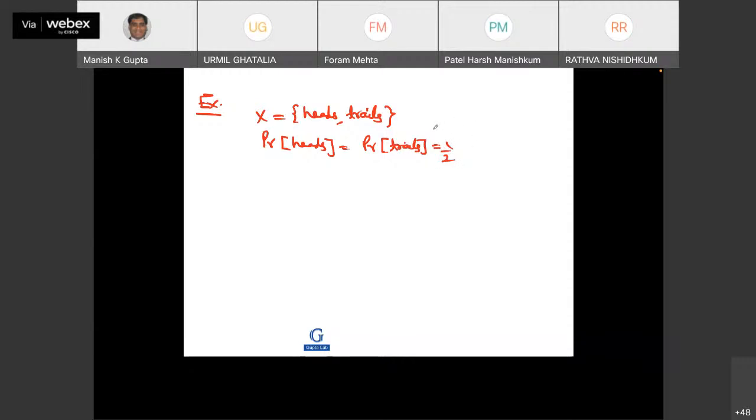So this is a probability distribution defined on this set X. Together these two things, basically I can say that coin tossing is a discrete random variable, as an example.